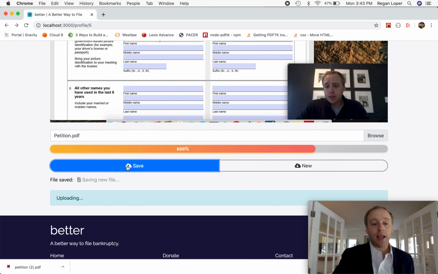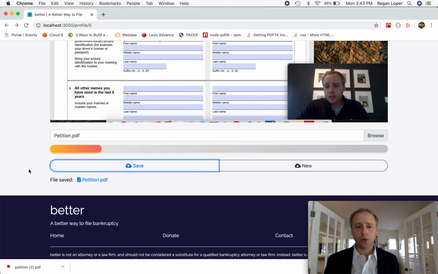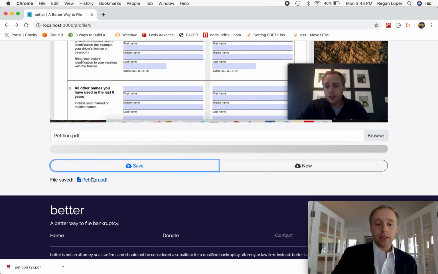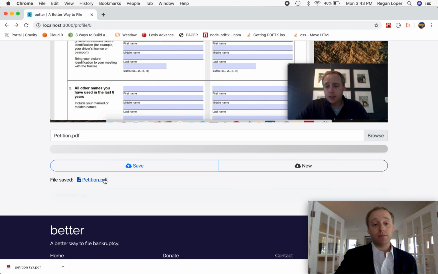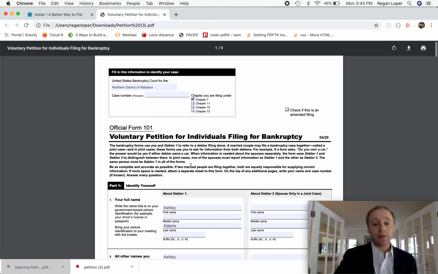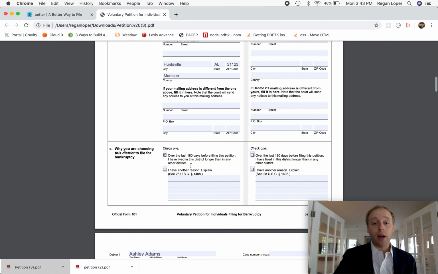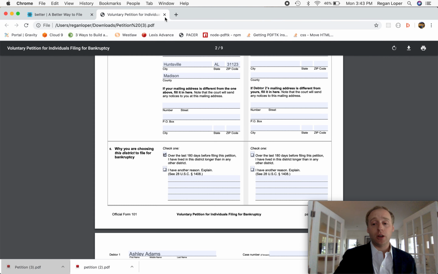Then I can click Save. It's going to go ahead and save the file to our servers, and then you can see that here's the file we've already saved. If for whatever reason you want to come back and work on this document, you can click it, it'll download it, and you'll see that it's saved everything that we put. That way, if you want to open it up in Adobe again, you can.